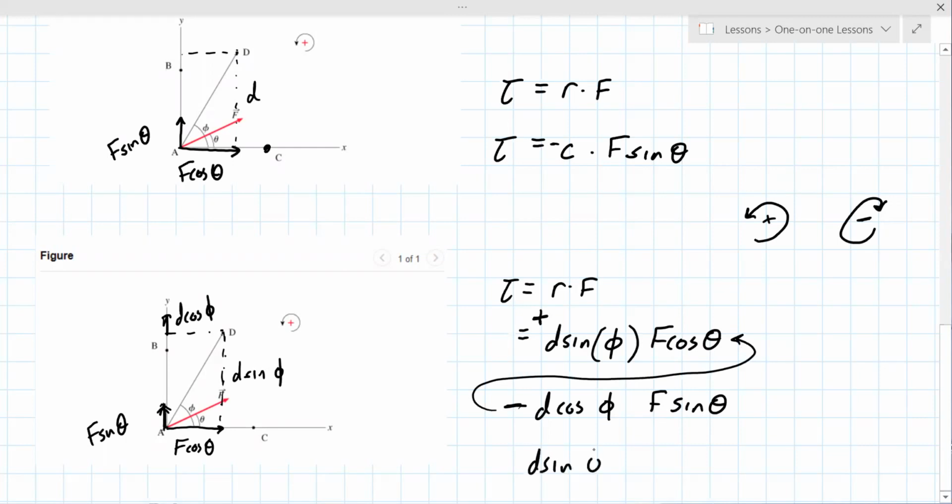D sine phi F cosine theta minus D cosine phi F sine theta. I thought that there was some simplifying involved, and I was obviously wrong there. Nope, nothing more for that one. F cosine theta is right here, minus D cosine phi F sine theta.